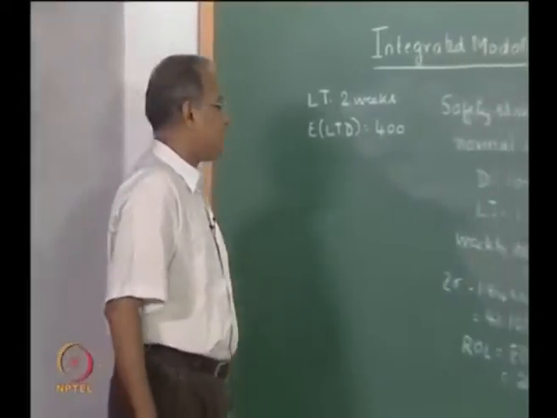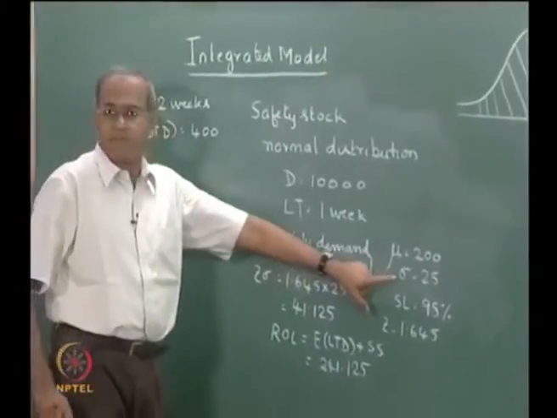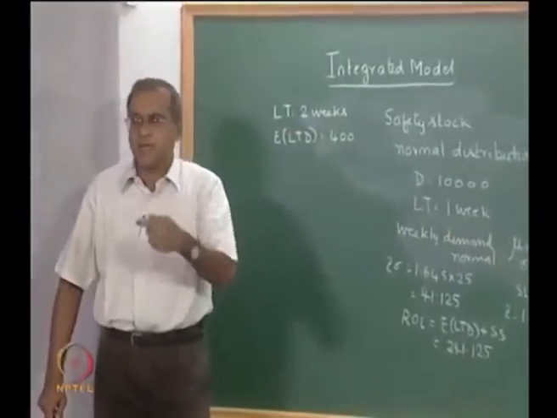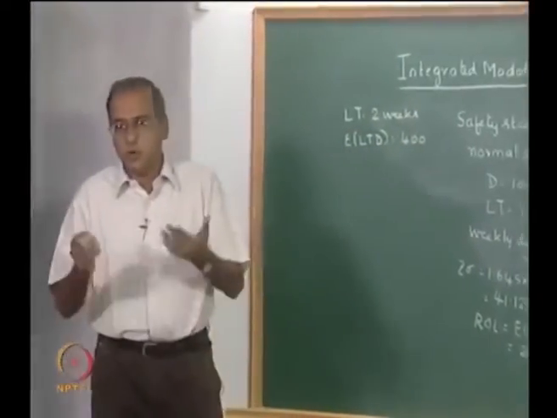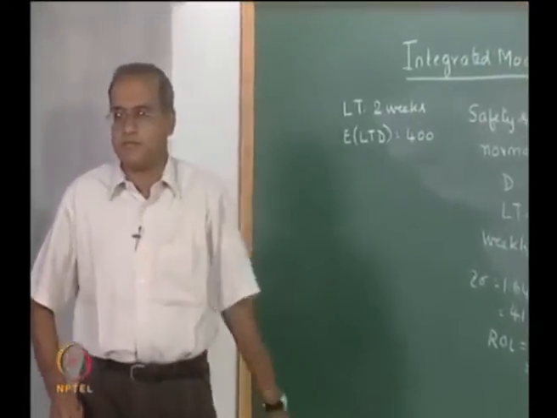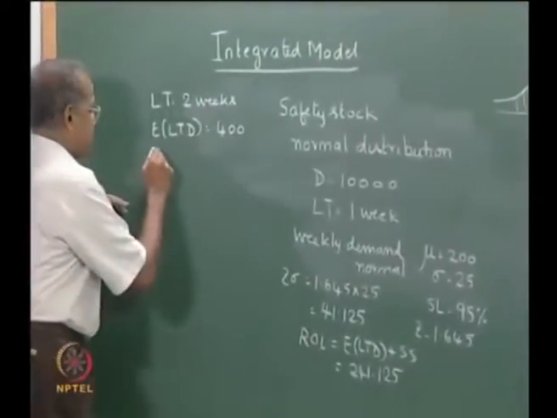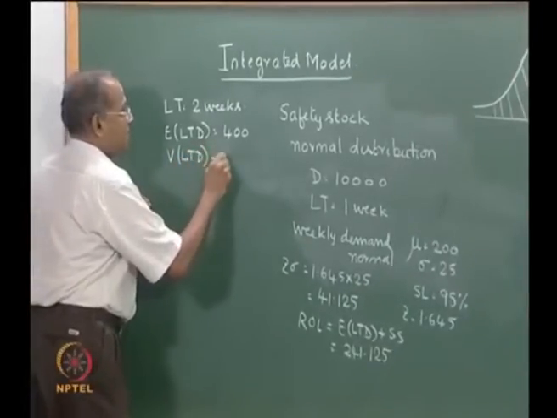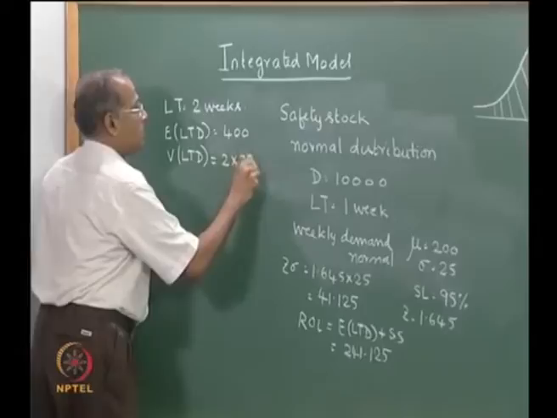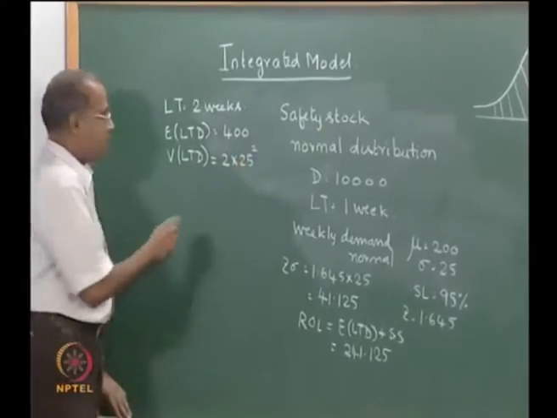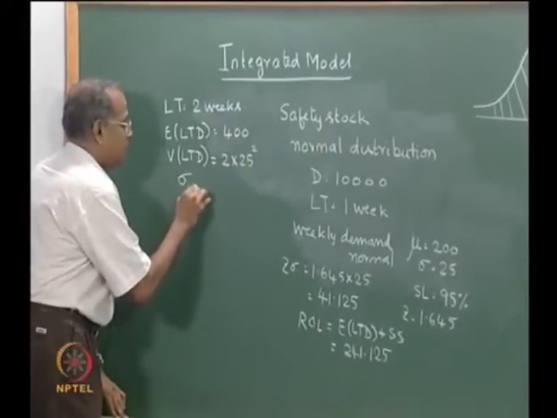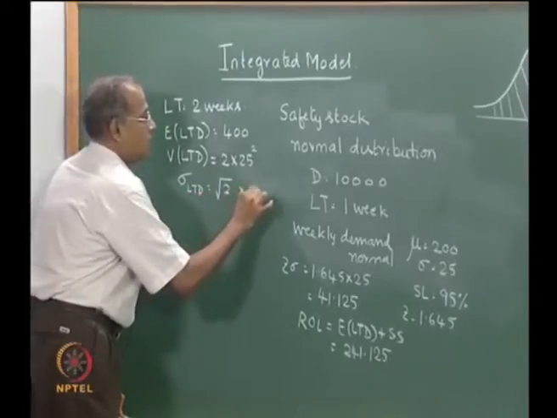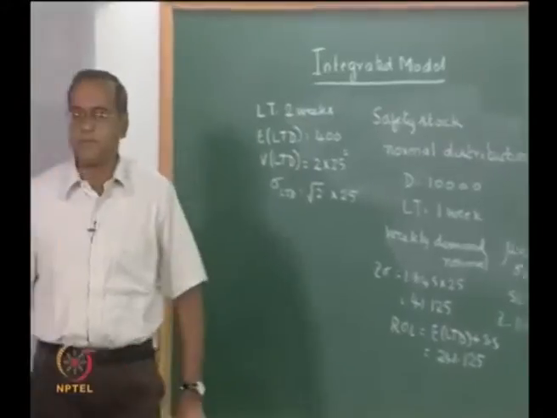So, the variance for the first week is 25 squared, the variance for the second week is 25 squared, so the total variance of lead time demand is 2 into 25 squared, and the standard deviation of lead time demand is root 2 into 25.